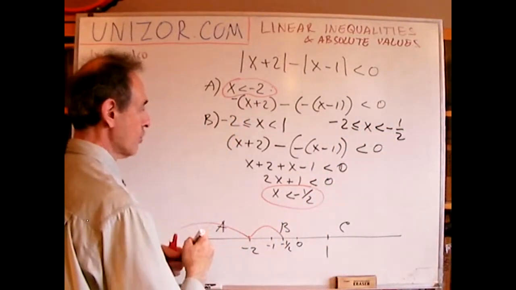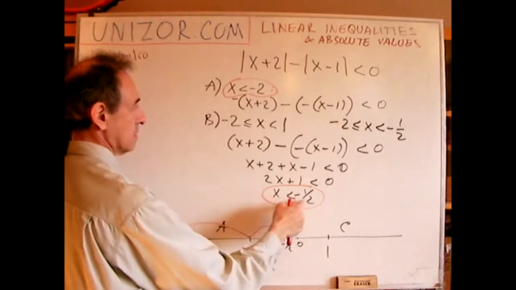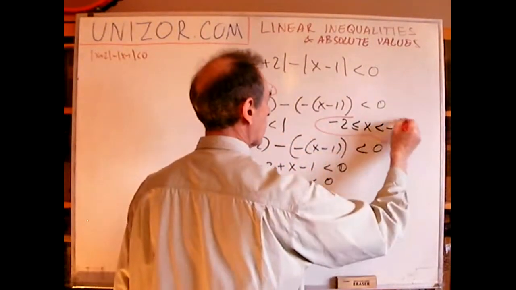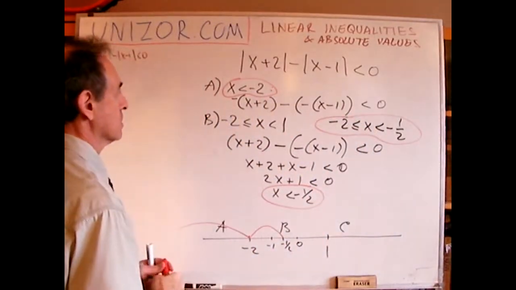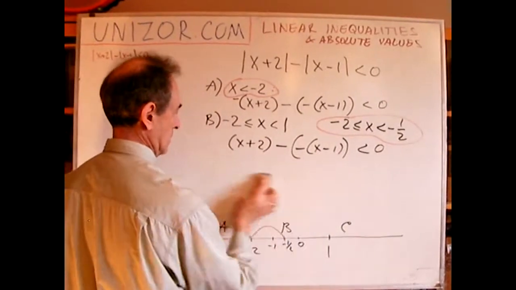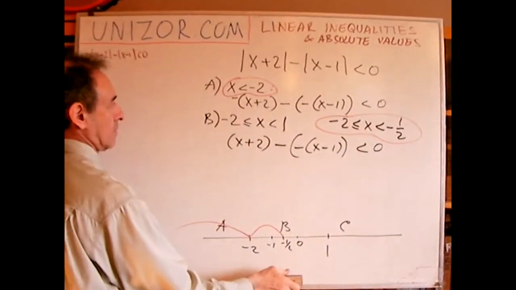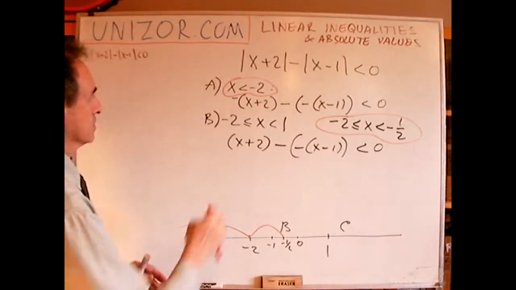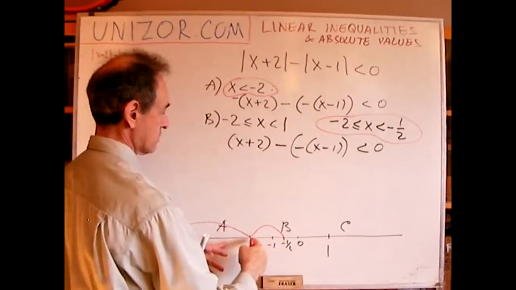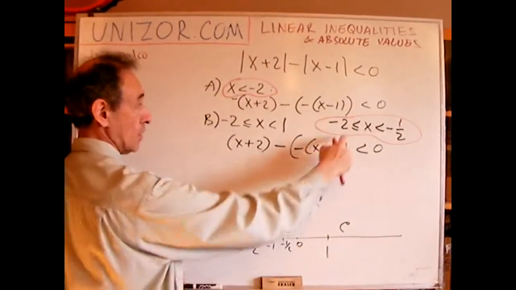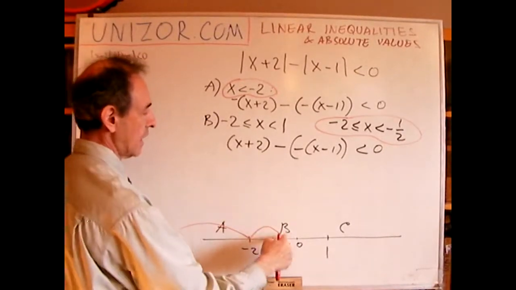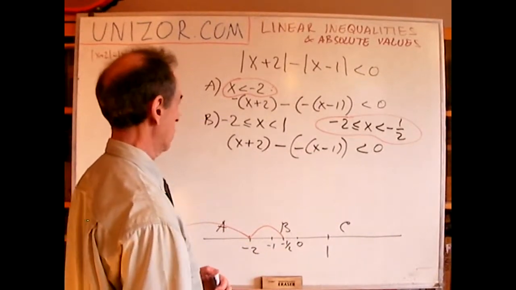That would be a true solution. So the first area gives me less than minus 2, and the second area gives me starting from minus 2, including, by the way, so there are no gaps here, the point minus 2 is included, up to minus 1/2.